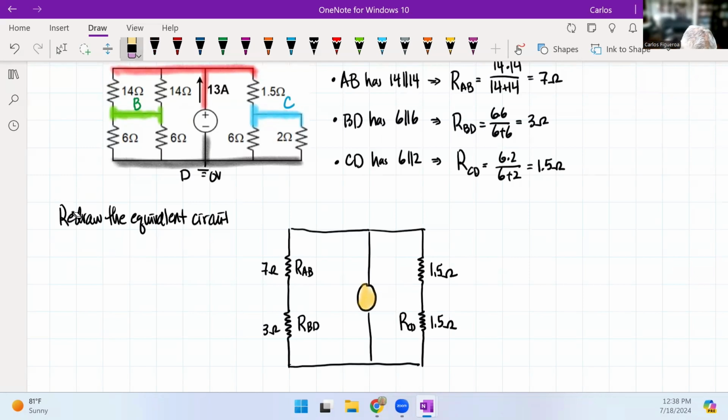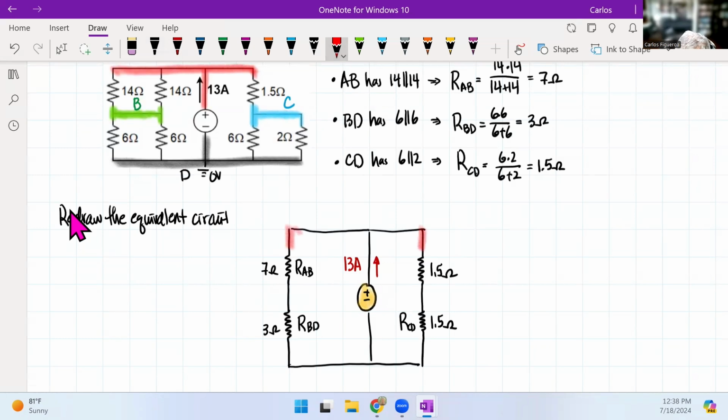So now I have the following. I don't know what the source voltage is, so I'm not even going to bother putting it in, but I do see that I have this current flowing out, and this is 13 amps. So if I color code everything again, here we go.